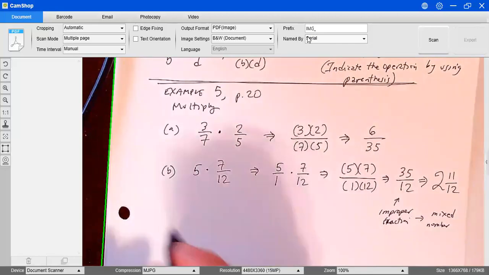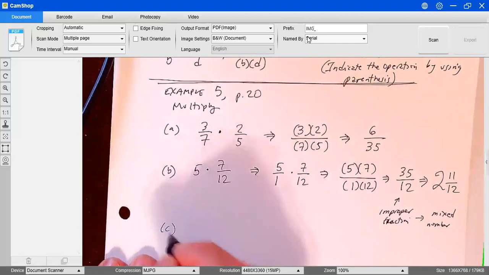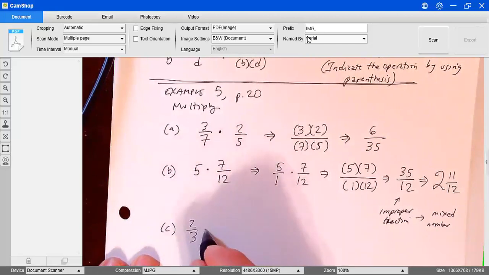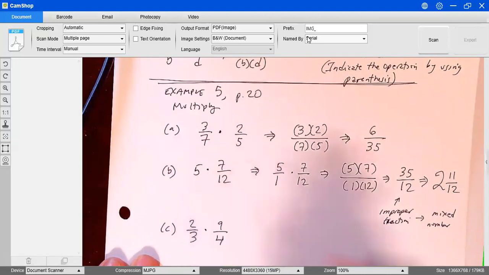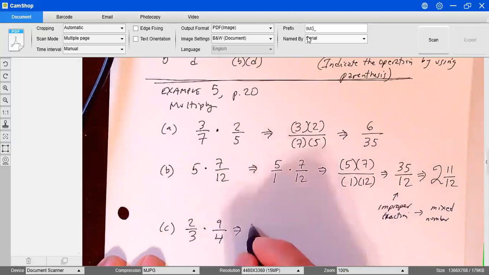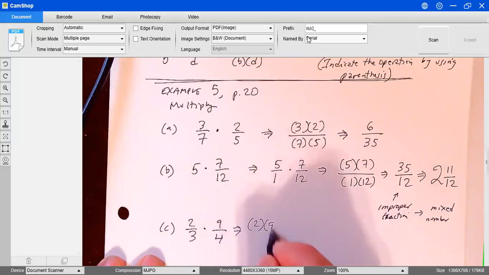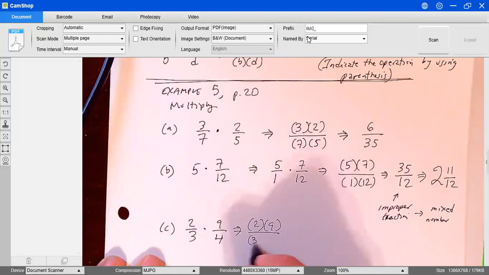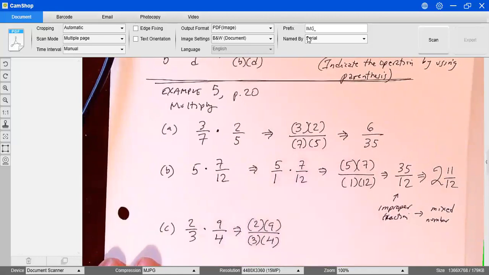So finally, we have 2/3 multiplying 9/4. So again, we're gonna write this first using parentheses, 2 times 9 and 3 times 4, and then we're gonna start looking for common factors.